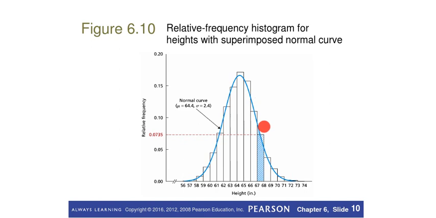We get a little bit above under this curve and a little bit below under this curve, but that rectangle right there represents our area under the curve, and we would say that this represents our probability of getting somebody who is between 67 and 68 inches out of our sample, 0.0735.